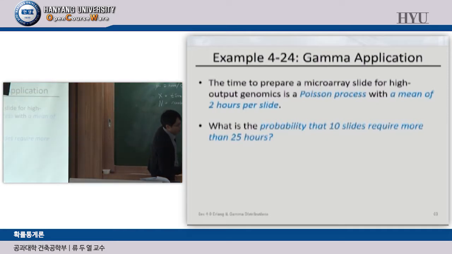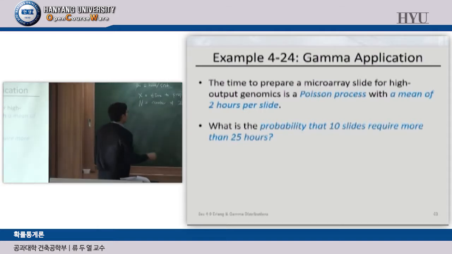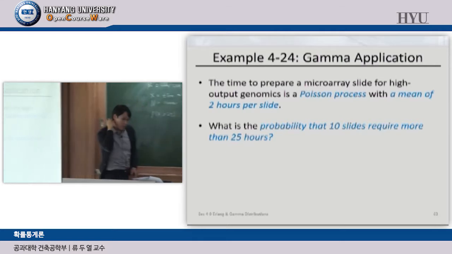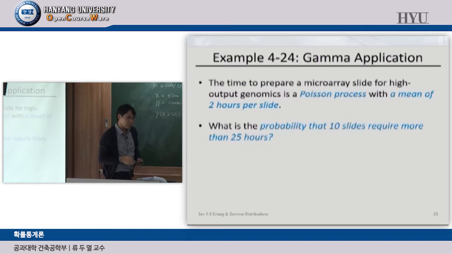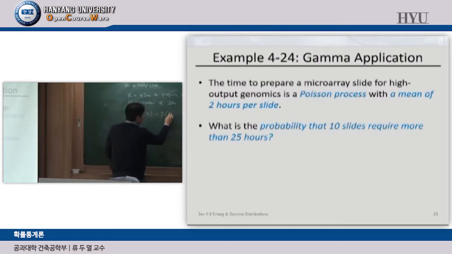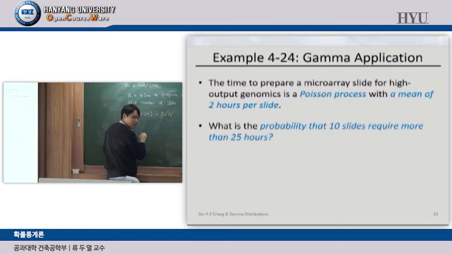And what is the probability that 10 slides require more than 25 hours? That is, the probability of x being larger than 25, right? Okay? And this can be rewritten as the probability of N when N is smaller than or equal to 9, right?